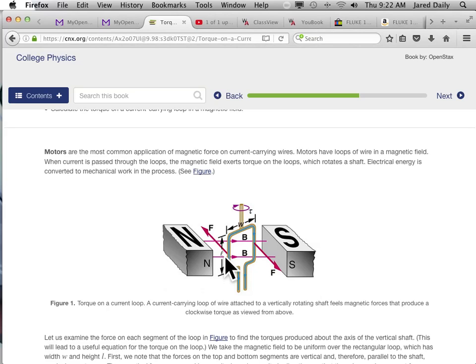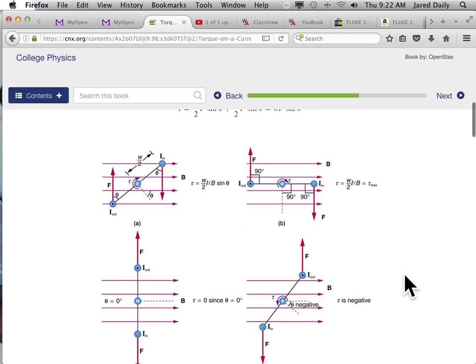Well, that could be useful, but it'd be even more useful if we could just get it to keep spinning around and around and around, right? Here they show a top view of those forces. A top view shows the forces doing this on one side, and on the other side doing the opposite thing. But the one thing that they don't show is that when this thing is turned completely so that the magnetic field is going straight through the loop, the forces are actually outward.